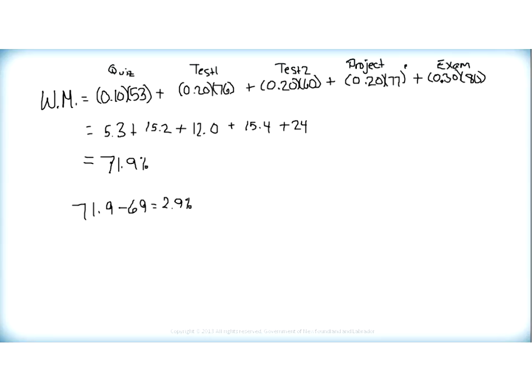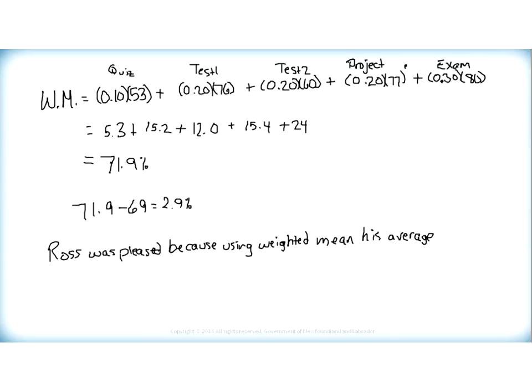So why was Ross so pleased? Ross was pleased because using weighted mean, his average turned out to be 2.9% higher.